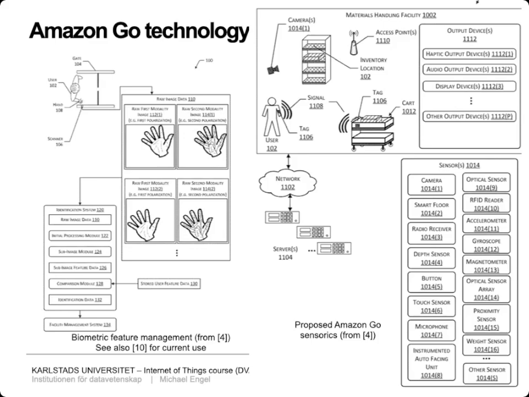Patents do not necessarily describe the way something's implemented, but a vision for something that maybe doesn't have to be implemented. But it seems that some of the stuff that's in this patent, which is linked on the references side, is actually implemented in the Amazon Go stores, like the hand recognition we are showing here on the left-hand side. And on the right-hand side, you see an overall structure of the system.